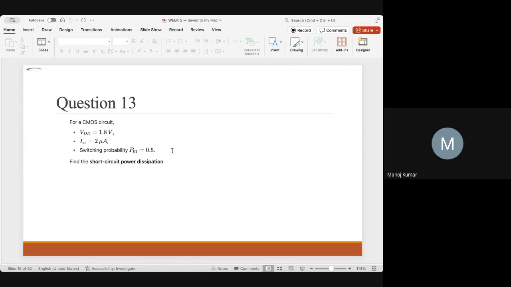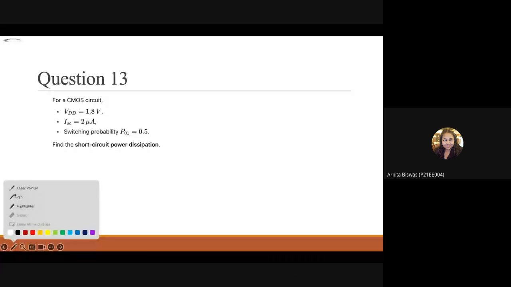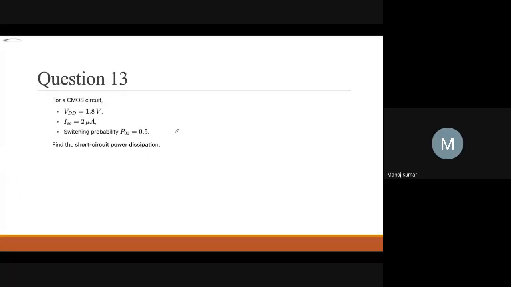Ma'am, 1.8 microwatt. Yes, 1.8 micro. Tell me how to calculate it. Ma'am, short circuit power dissipation is equal to VDD into ISC into P01, the switching probability.